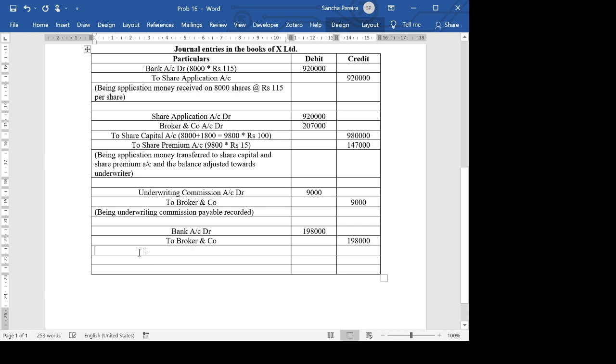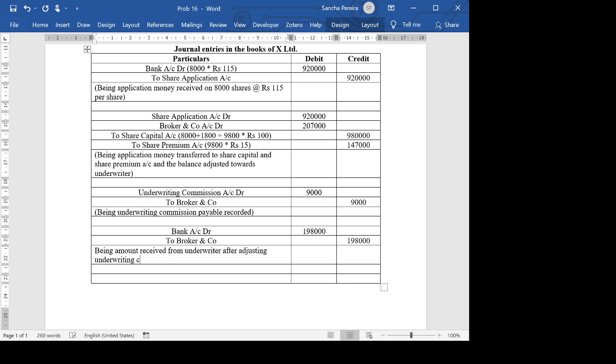That is being amount received from underwriter after adjusting underwriting commission.